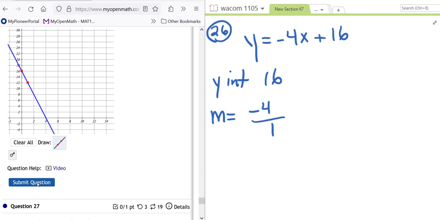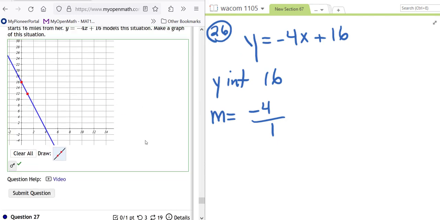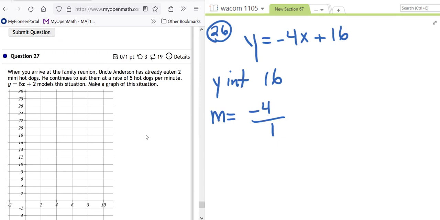So don't freak out with the word problem. But that is kind of how it meant. This is where Superman starts. He's swooping down, and he's going down 4 miles for every second. Down 4 for every second. So that is a model there. And we'll do one more. This one also already gives you the equation.